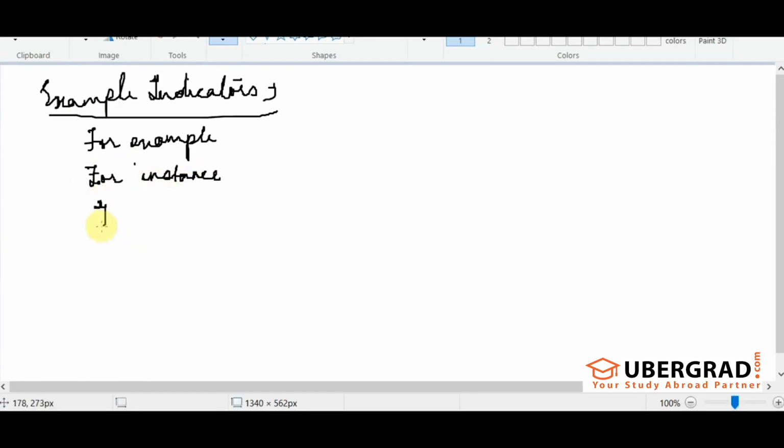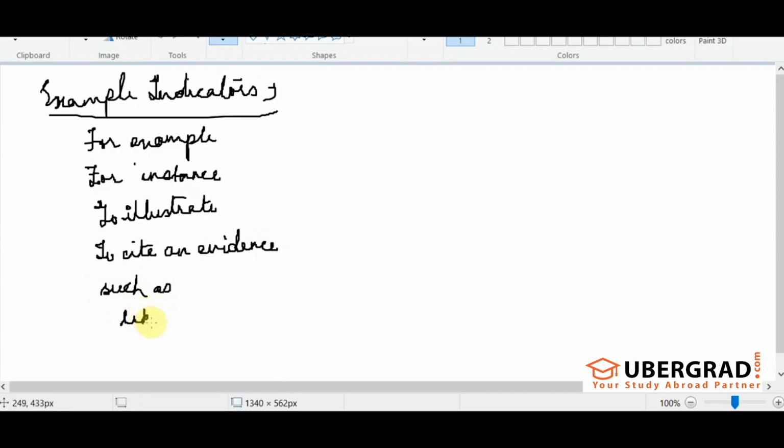For instance, to cite an evidence, such as, like. These are known as example indicators.